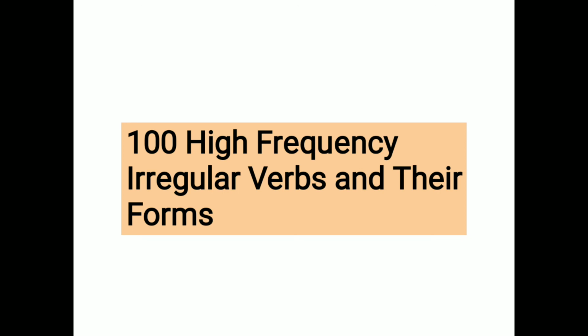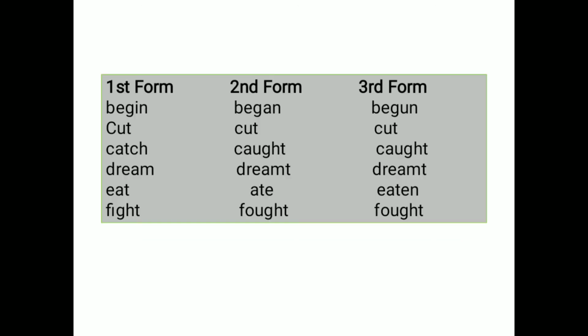The next one is 100 high frequency irregular verbs and their forms. The first form, second form and third form have been given here. Firstly, we have to understand the regular form of verb. What is the regular form of verb? A verb ending with the ed form is called a regular verb. For example, work is the first form, worked is the second form, worked is the third form.